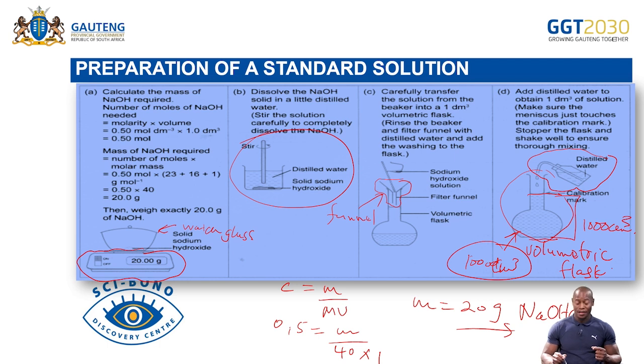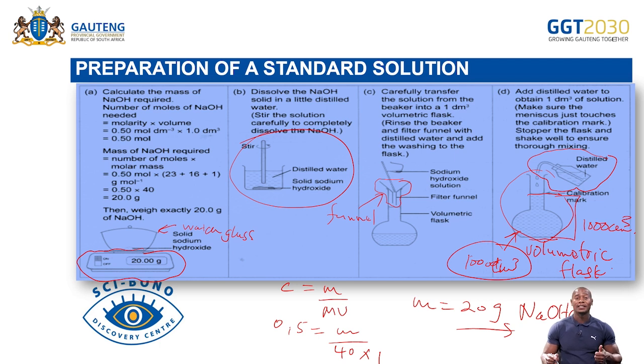Then you add distilled water to maybe the half mark, and swirl until all the sodium hydroxide is dissolved. That is another option.